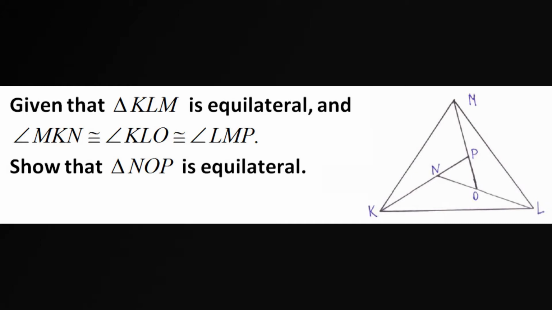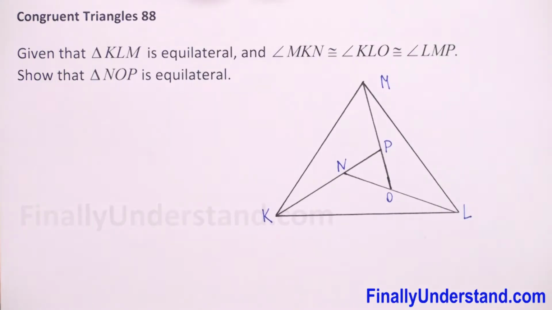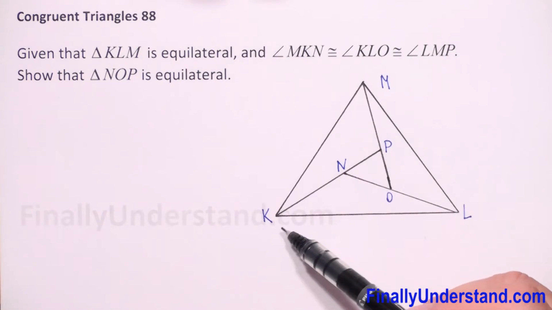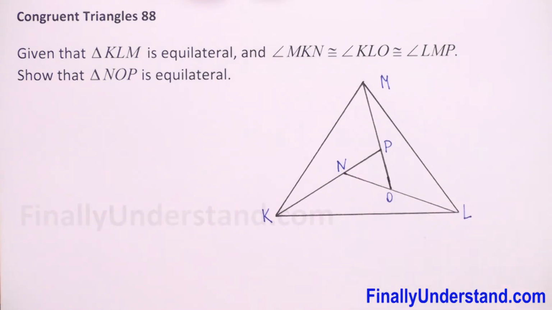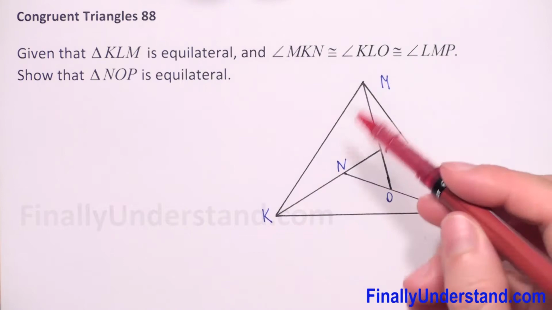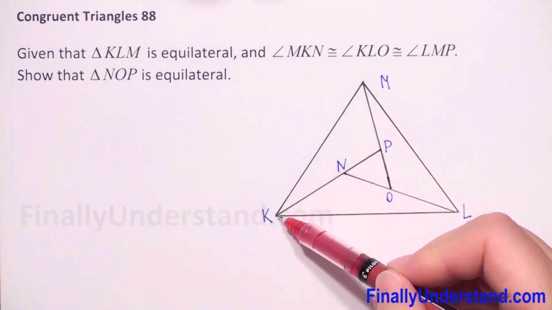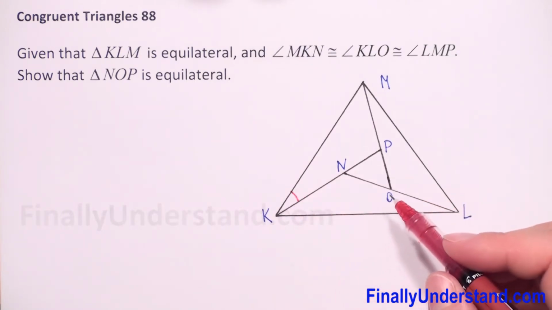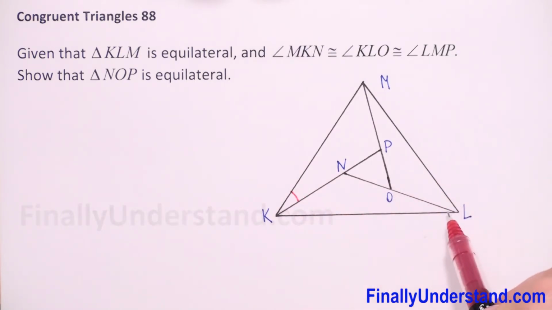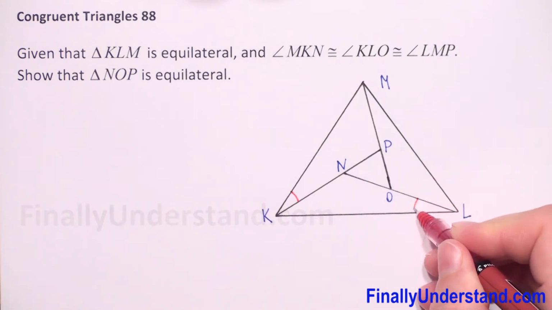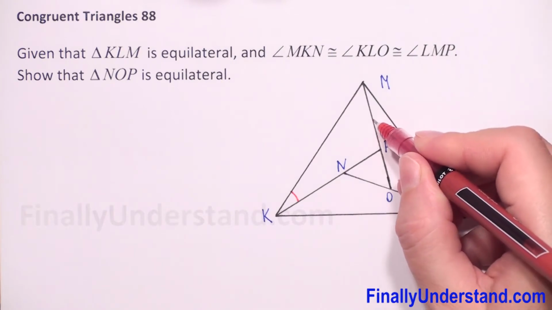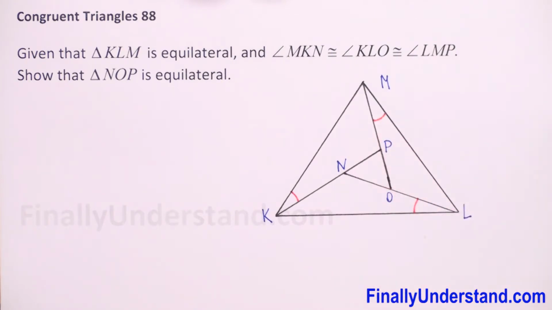We are given that triangle KLM is equilateral and angle MKN is congruent to angle KLO, to that angle, and to angle LMP, to this angle.